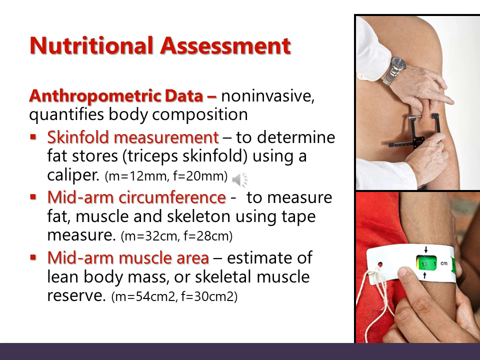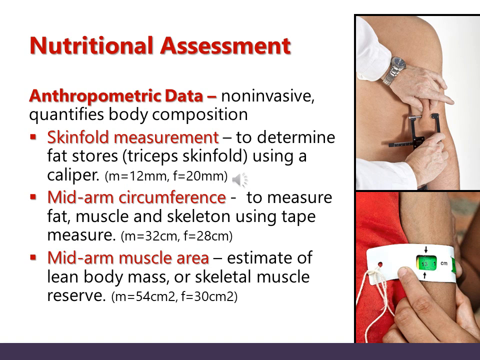If we have mid-arm circumference, we also have mid-arm muscle area. This is the estimate of lean body mass or skeletal muscle reserve. Normally, the doctors are the ones doing this when you go to the hospital.